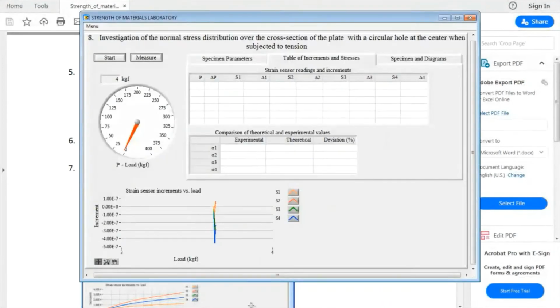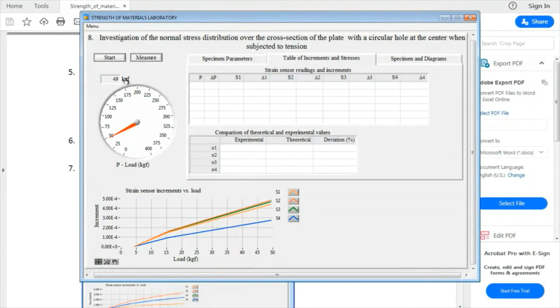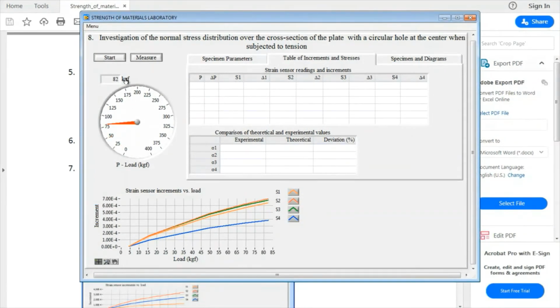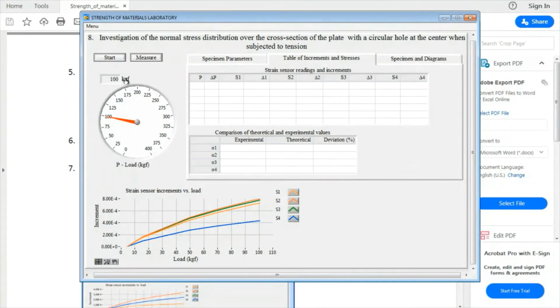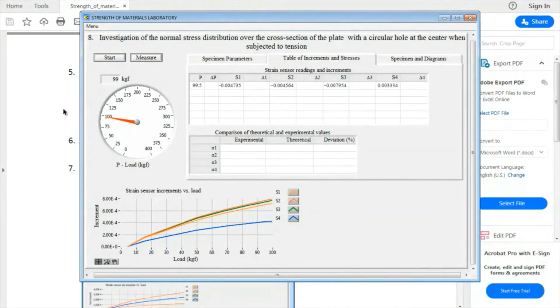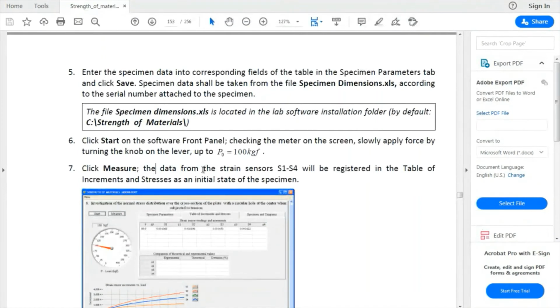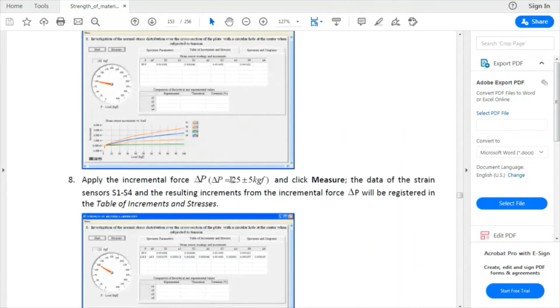So I will come back to here and I will add force up to 100. Yes, this is 100, and then I will click measure. This is the first step. Each time I will increase 25 kilogram force and click measure.